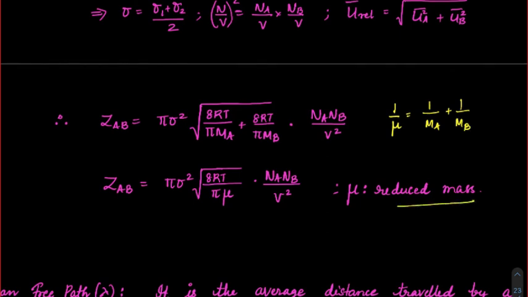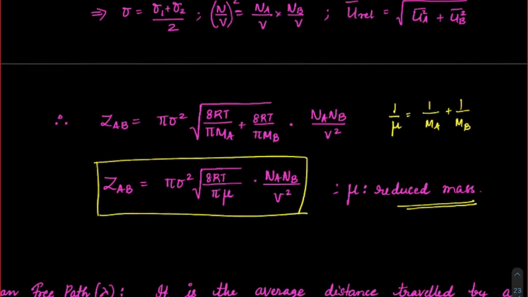This mu is termed the reduced mass. So instead of a single molar mass, you will have a reduced mass here, that into Na Nb by v square. So this will be the collision frequency for two types of particles present in a particular volume. I hope you understood that.